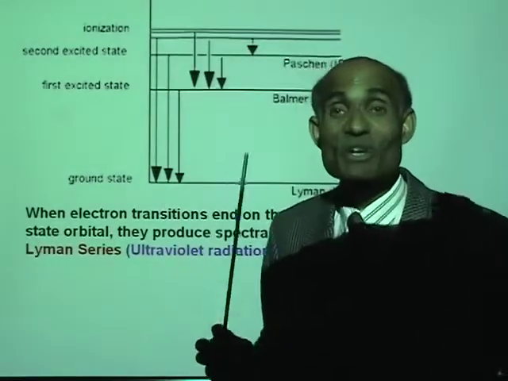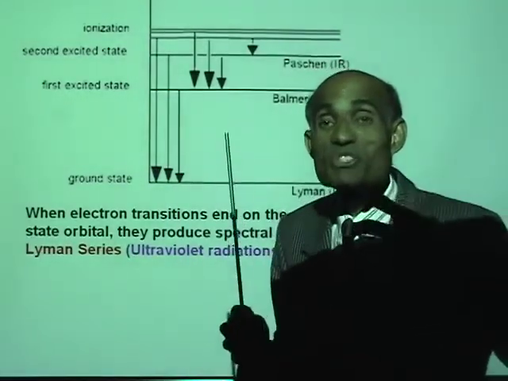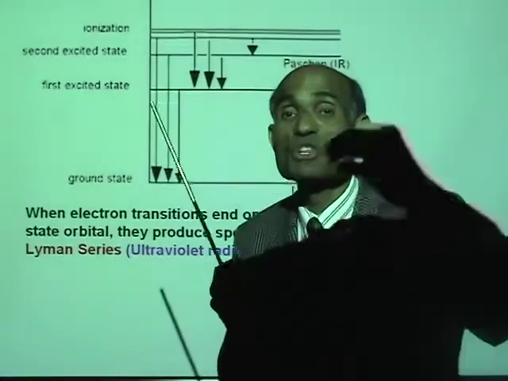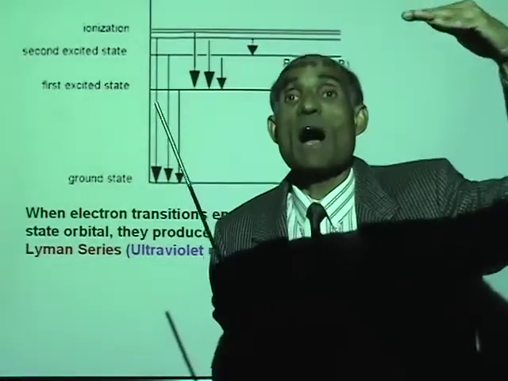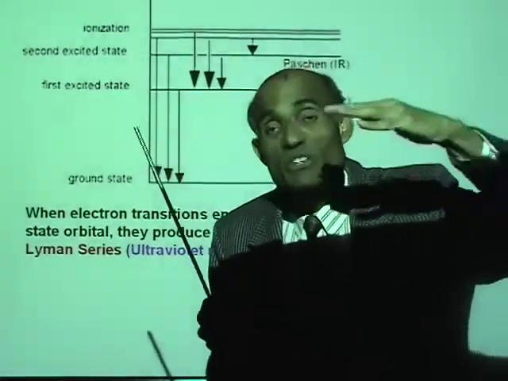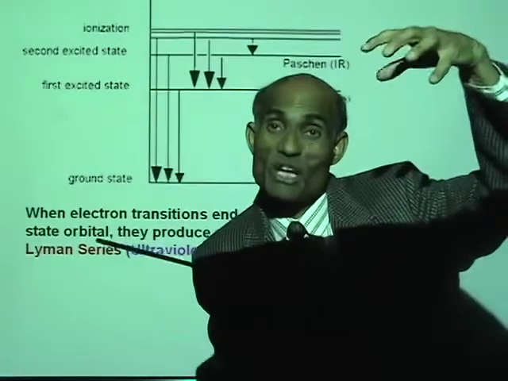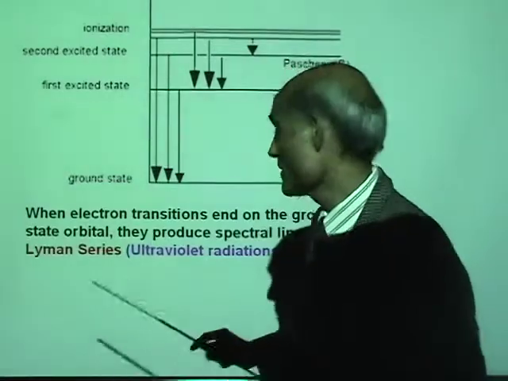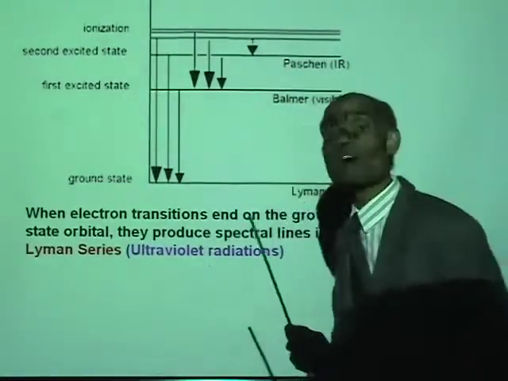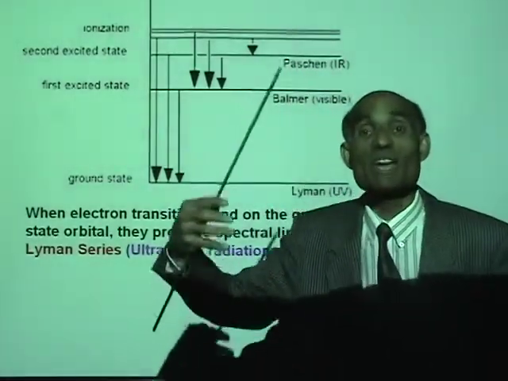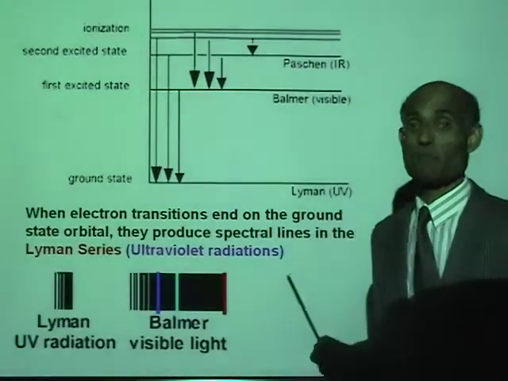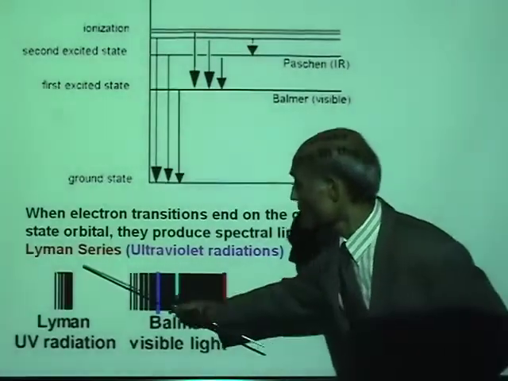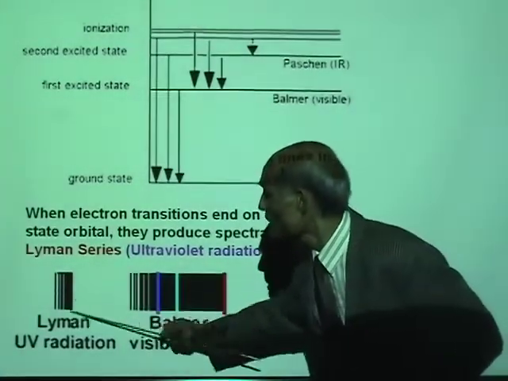So ultraviolet radiations are energy given out by electrons that jump from higher excited state to the ground state. The energy difference there is very, very significant. And that's the reason why ultraviolet radiations are very high energy radiations. Now, this is called the Lyman radiations.